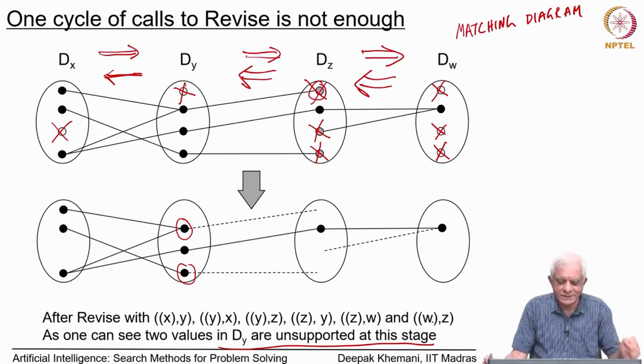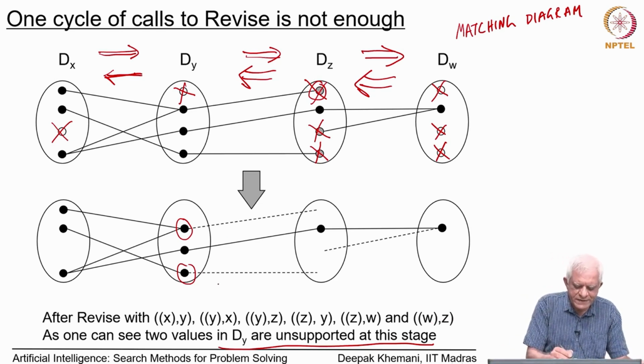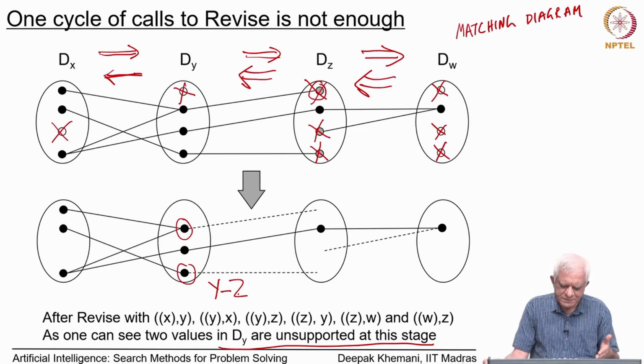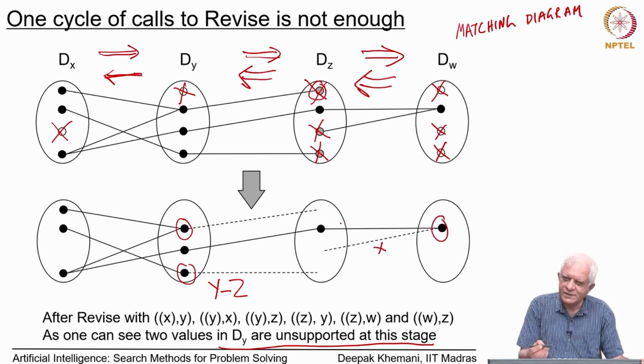Why is it not arc consistent? Because this edge y z is not arc consistent, as there are values in y which do not have corresponding values in z. Observe that this edge which is also unsupported does not matter, because this value has a different support essentially.